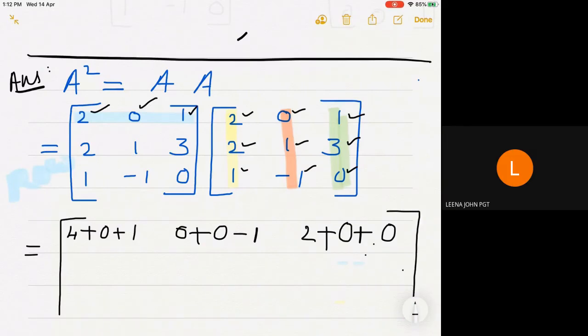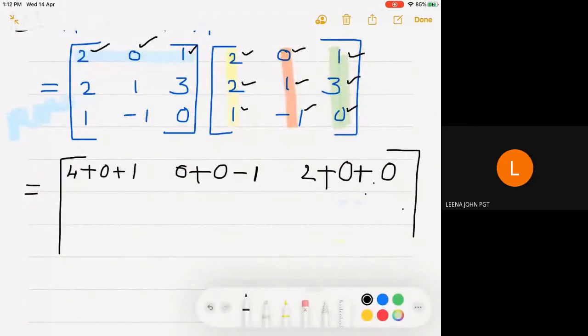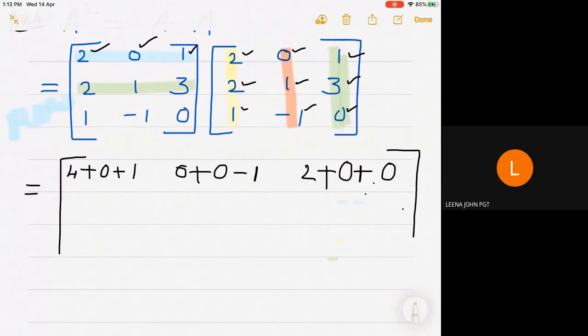So the first row's use is over. Next you come to the second row from the first matrix. From the first matrix, you always notice that you are taking rows. Again, you multiply with the columns. So, second row with first column, 2 into 2, that is 4, plus 1 into 2, that becomes 2, plus 3 into 1, that is plus 3.